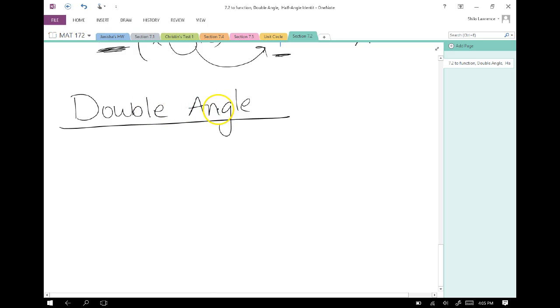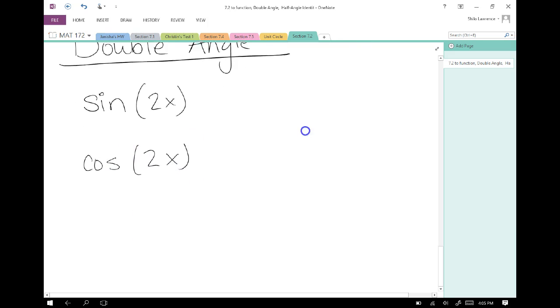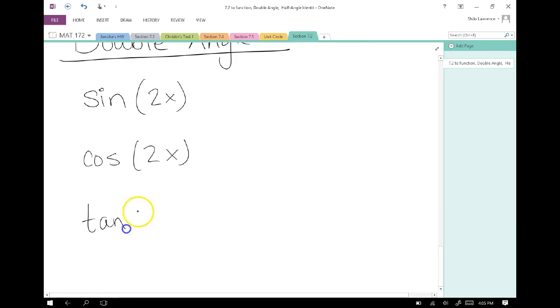So you should probably be using a double angle identity anytime your angle is being multiplied by 2. So we've got a double angle identity for sine 2x, cosine 2x, tan 2x.